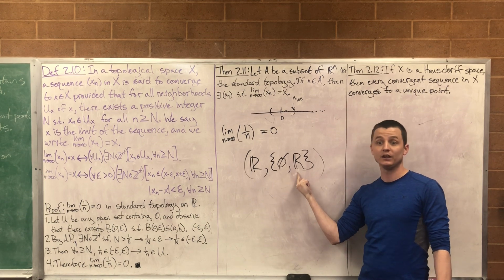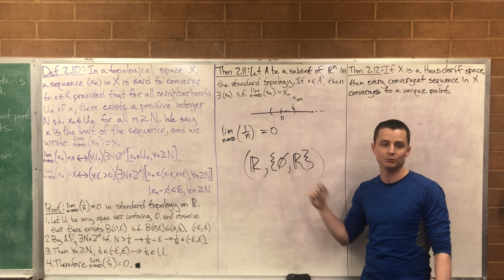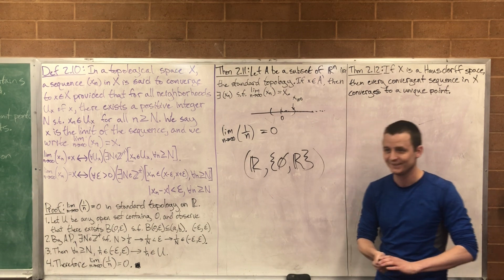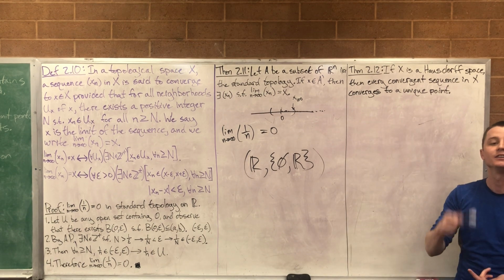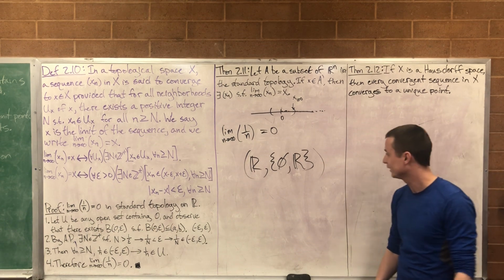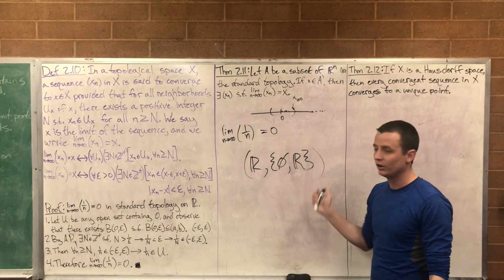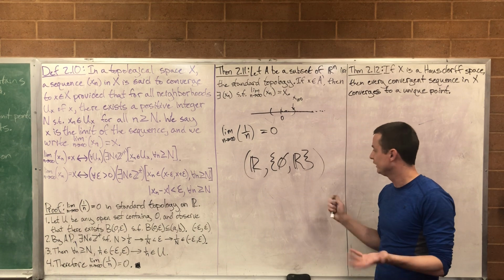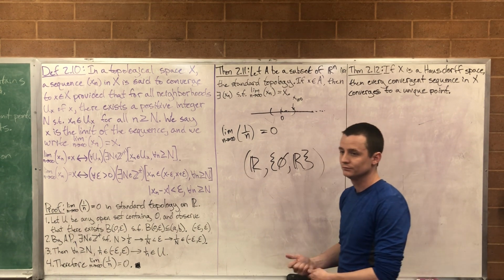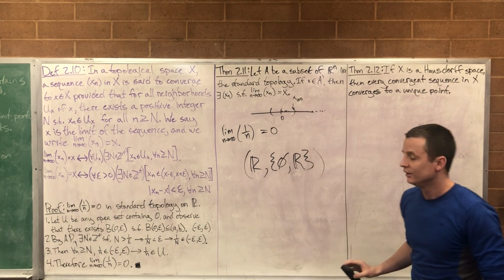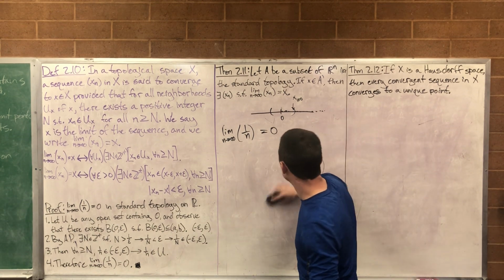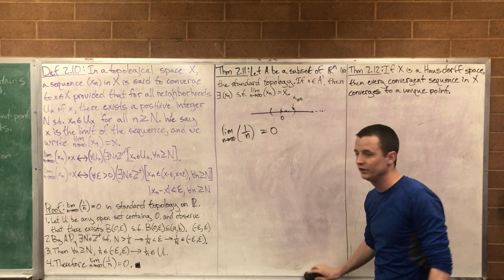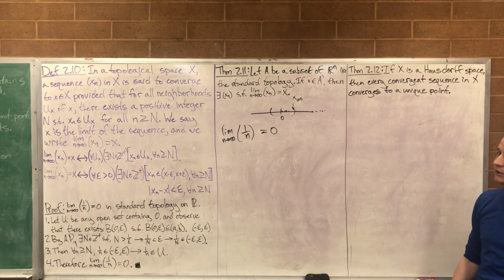Therefore, any neighborhood of any number contains every number. That's the right way to say it. So in this topology, you pick any sequence you want, it converges to anything. It's one of the reasons, and gives you intuition for why, that topology is often called the chaotic topology.